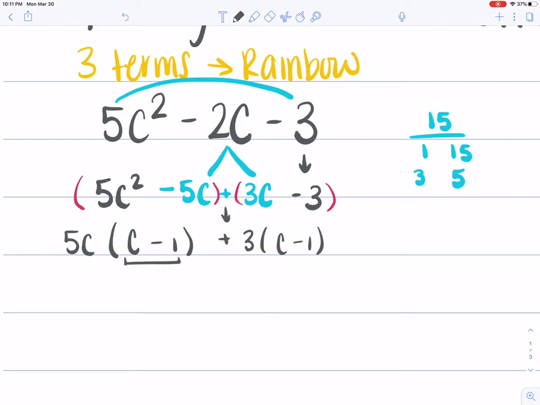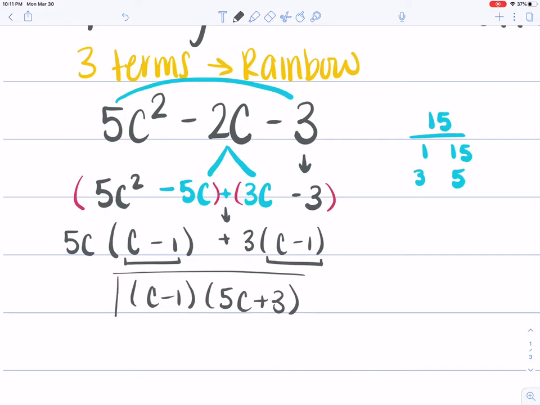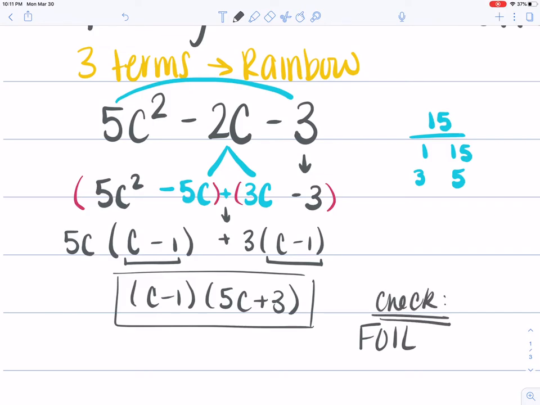Write down what's being repeated, c minus 1, and then write down what's left over. So that would be your final answer. Or those two flipped around. Order does not matter for those. Remember, you can check all of these by foiling. I would strongly recommend that on the test to check by FOIL, first, outer, inner, last.